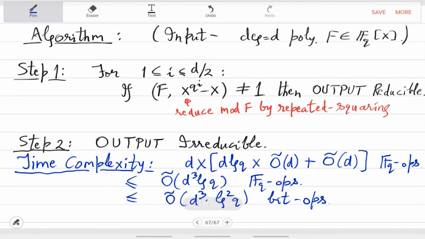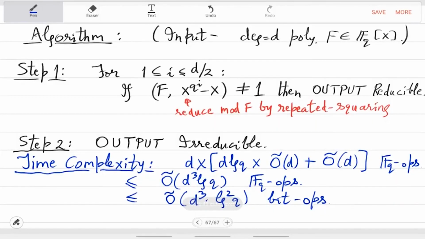But if big F is reducible, with factors having different degrees, right? So suppose big F has a linear factor, and it has a quadratic irreducible factor. So those two factors actually in this GCD process will get separated. Do you see that? Because we are running I upwards from 1 to 2 to 3. So for I equal to 1, you would have filtered out the linear factors, all of them together. And for I equal to 2, you would have filtered out quadratic factors, all of them together.